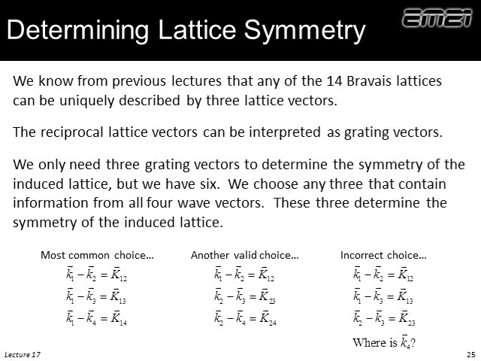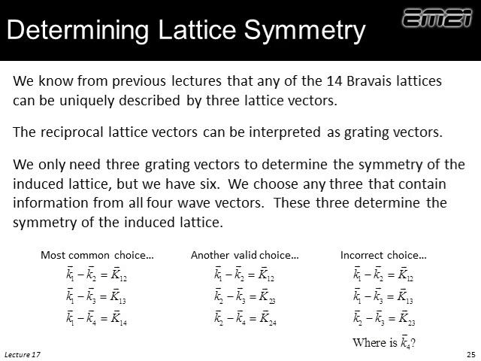What we want to do now is, given our 4 beams, figure out what type of lattice will that make. If we back up a few lectures, we know that all 14 Bravais lattices can be described by 3 grating vectors. And those were the primitive lattice vectors of the reciprocal lattice. When we have the interference between 4 beams, we actually get 6 different grating vectors.